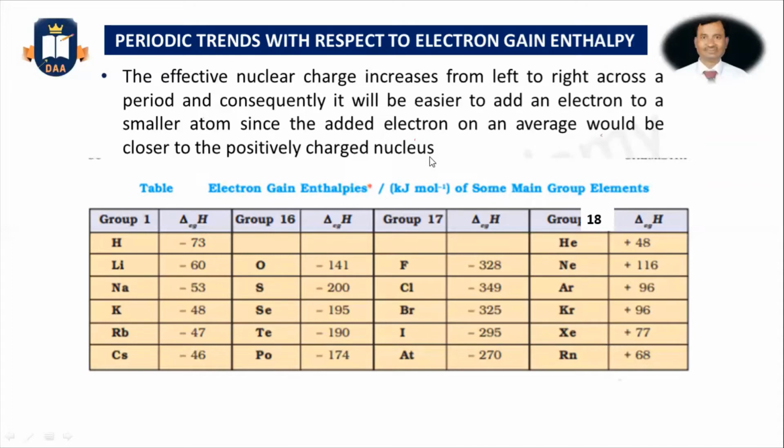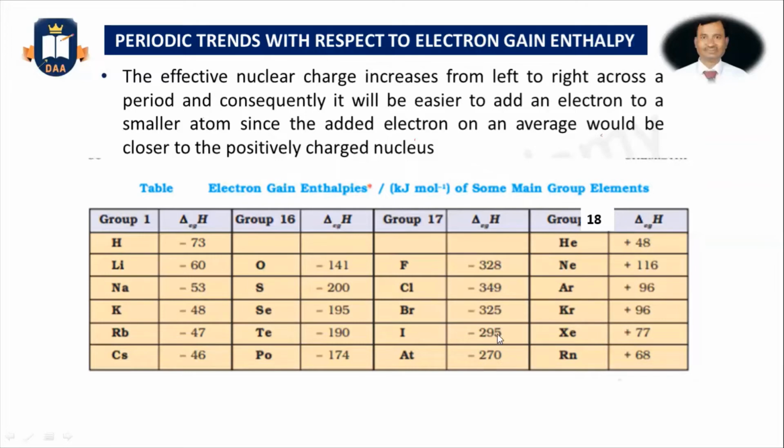So when an electron enters this outer shell's orbitals, it will feel more attraction towards the positively charged nucleus. So it will be very easy to get the electron gain enthalpies from left to right of the period in the periodic table.